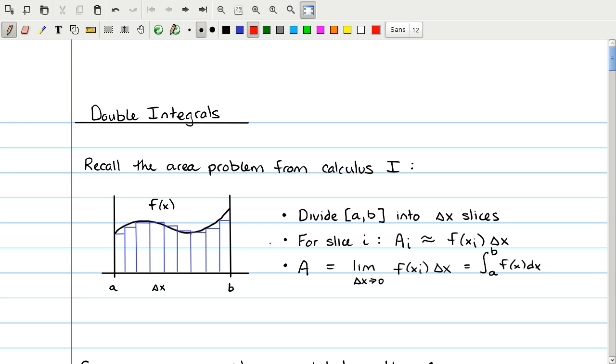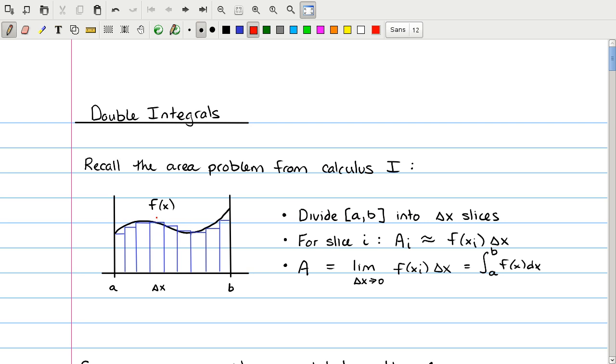And as you should well remember from Calculus 1, the way to find this is the Riemann sum approach, where we divide the interval from a to b into small pieces of width delta x. Then for each slice i, which can be any number between 1 and n, the number of slices, estimate the contribution to the area for that slice.